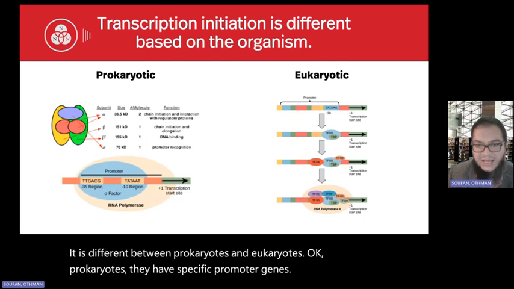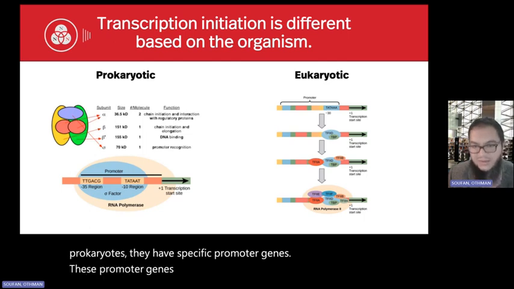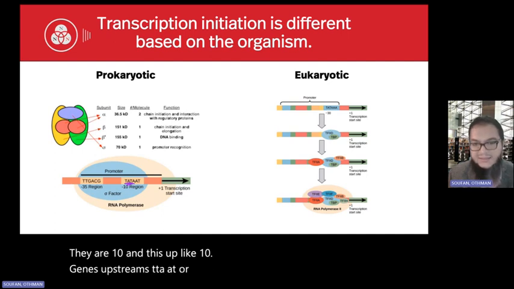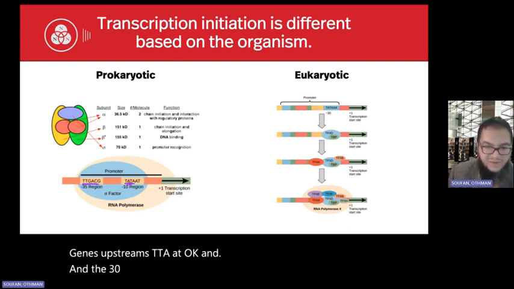These promoter genes are at minus 10 upstream, TATAAT, okay, and the minus 35 sequences.